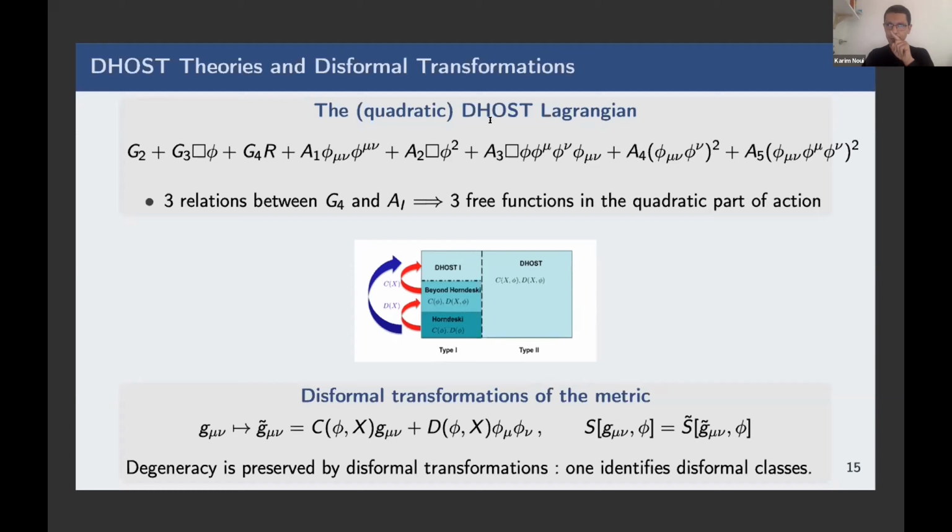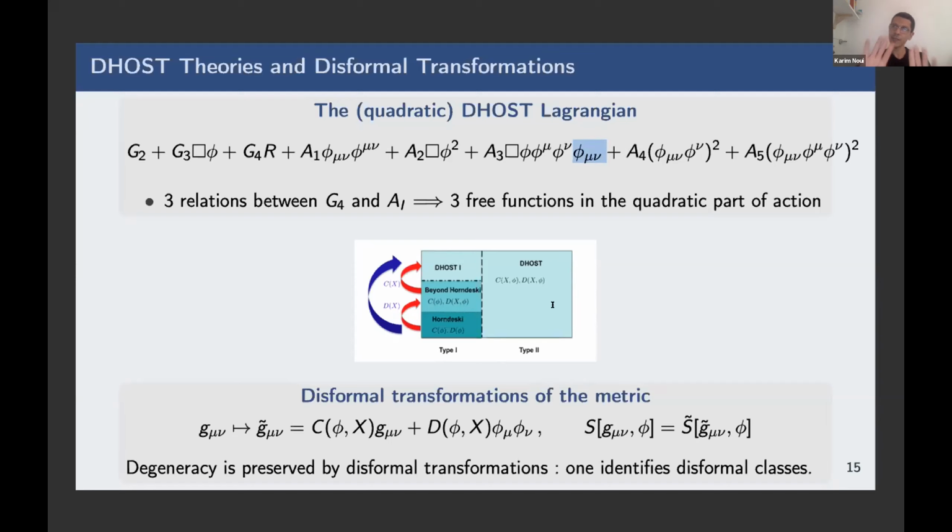But before that, those theories are these scalar tensor theories where you have the degeneracy, so only 3 degrees of freedom are propagating. And what we found is that, if you consider only quadratic actions, by quadratic I mean that only the quadratic term in the second derivative of phi appears in the action, you have two types of those theories, type 1 and type 2.